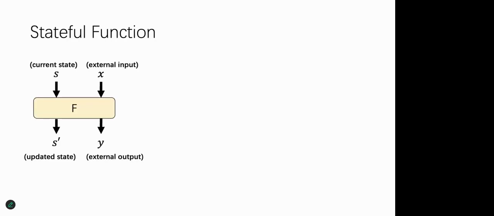Another type of LRC is stateful LRC, which protects stateful functions. Recall that in a stateful function, there is an internal state, denoted by S here, and in each invocation it takes as input an external input X and outputs an external output Y. Also, it updates the current state from S to, say, S prime.